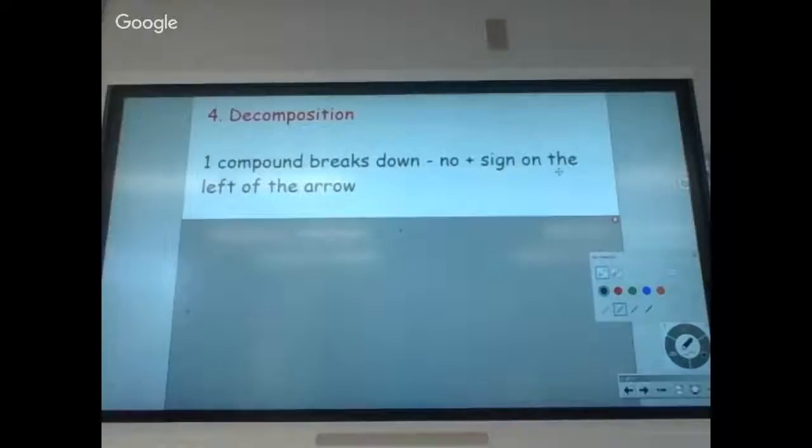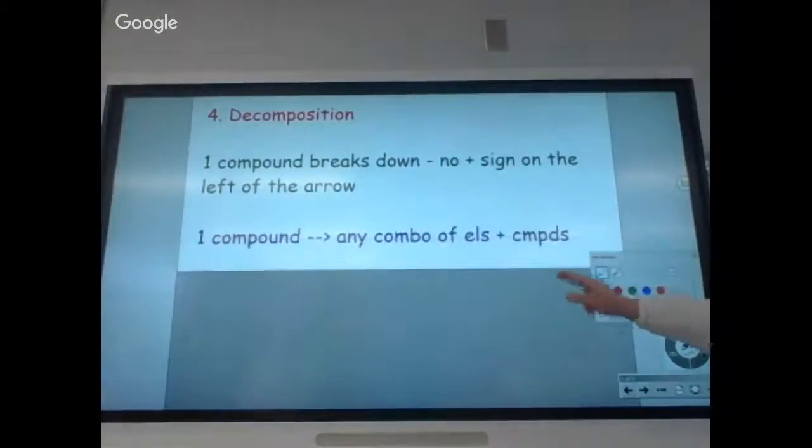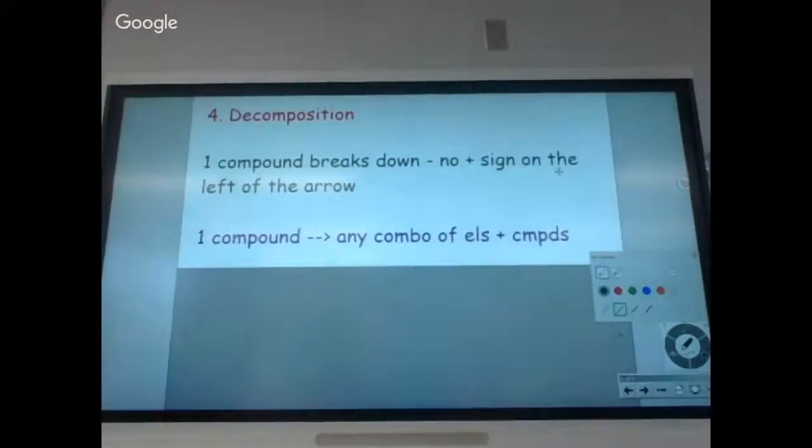All right, so this time you're going to start with one compound and it's going to break down into any combination of elements and compounds.